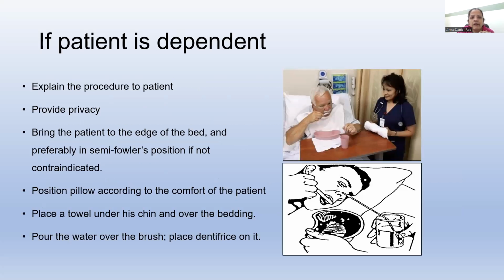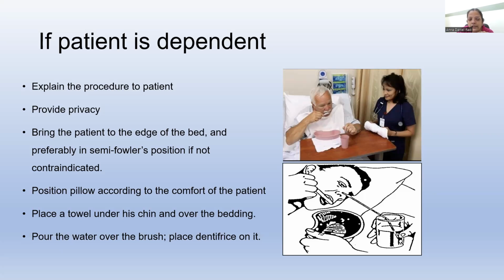So this is the thing when the patient is dependent, how to go about it, right? All this we know, right? It is just for the sake of revision. Some pictures are shown, some important points are written, right? In what position the patient should be kept, what we should remember, that not to give gargles when the patient is unconscious, right?